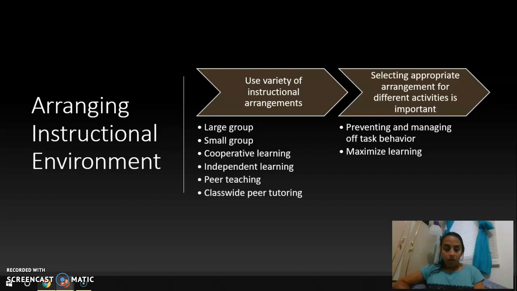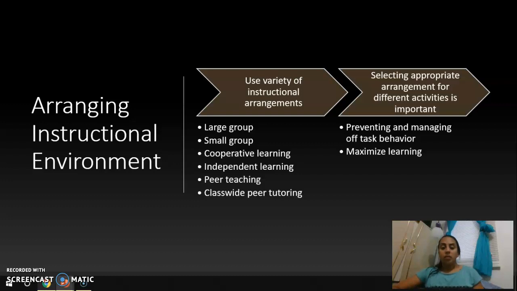Cooperative learning is when all the students are learning from each other. Independent learning is when students have acquired enough proficiency to be able to complete that assignment on their own.